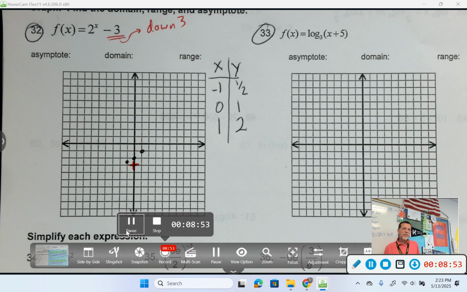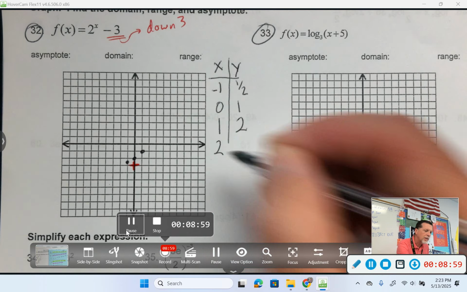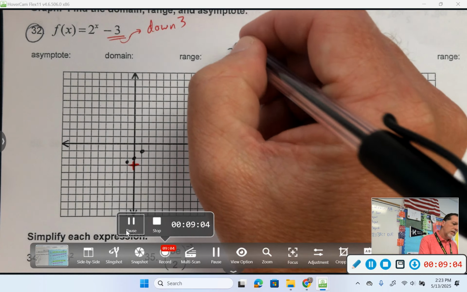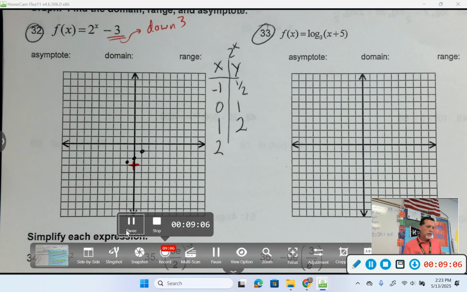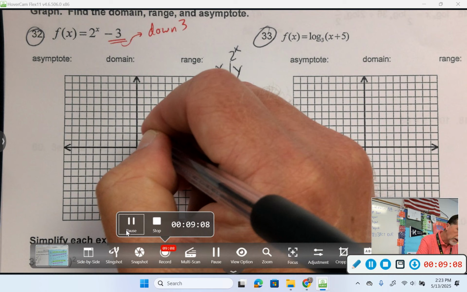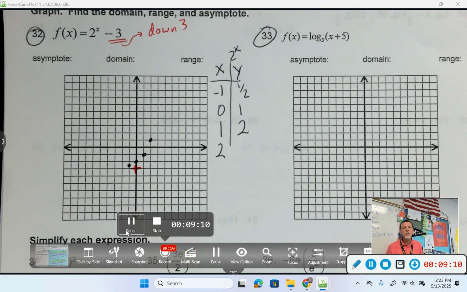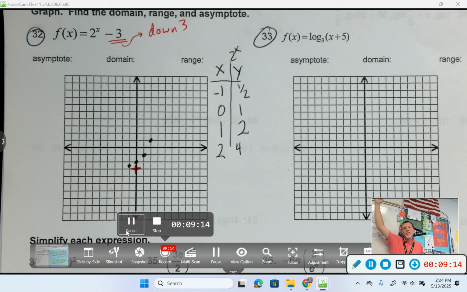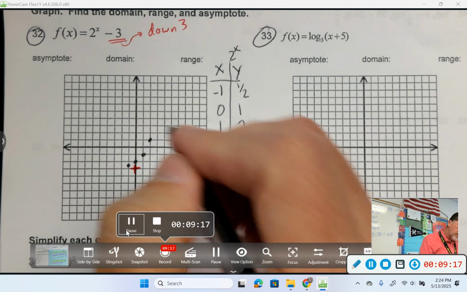Not many points there. In fact, they almost look like a line. They're not. So, might be a good idea to do one more. If I plug in x equals 2, what do I get? 4. So maybe that helps me see this thing starting to make that sharp turn up. Next one would be 8, and then 16, and then 32, and off we go.